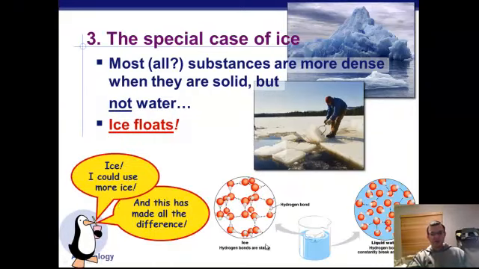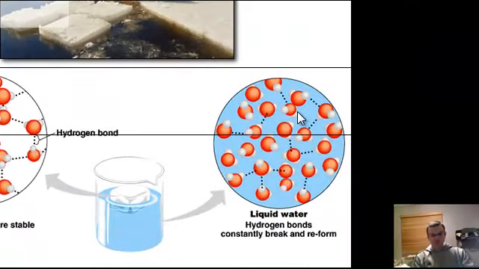Let's take a look at some of the components of ice. If you look at liquid water here, because of the polarity, it's going to stick to itself. However, when ice forms, because of the hydrogen bonds that go on, it forms more of a crystalline structure. What that crystalline structure is going to do is increase the volume of the water. Because you're getting an increase in volume, it's going to decrease the density.